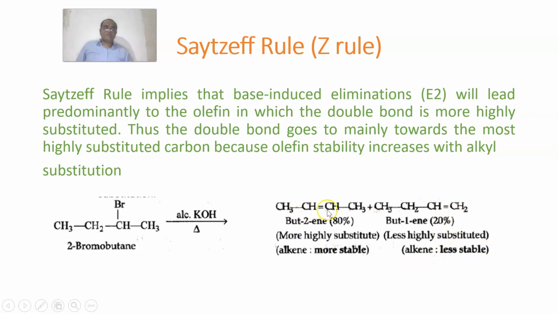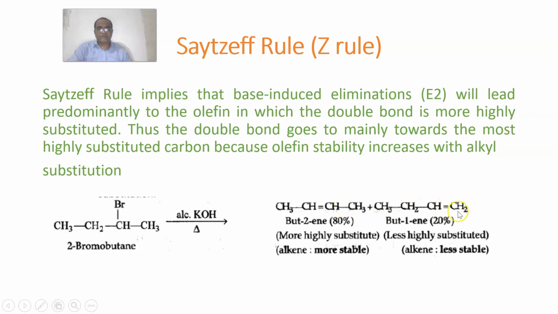Less substituted and more substituted means that the double bond is between two carbons, and adjoining these two carbons there are two more carbons, right? So 2-butene has a double bond in between, and substitution increases with one more carbon in the adjoining space. But here you can see that this carbon has only two hydrogens, compared to the first structure, where there is a CH3 in the adjoining space.